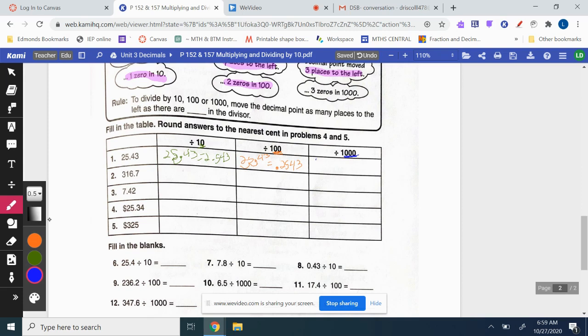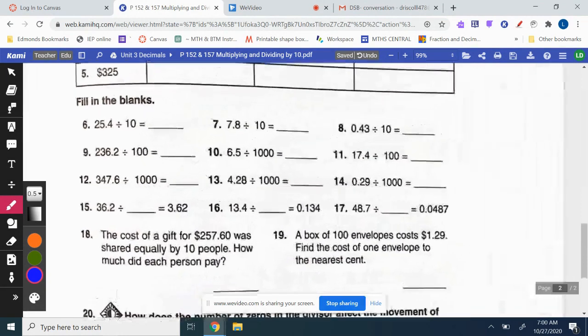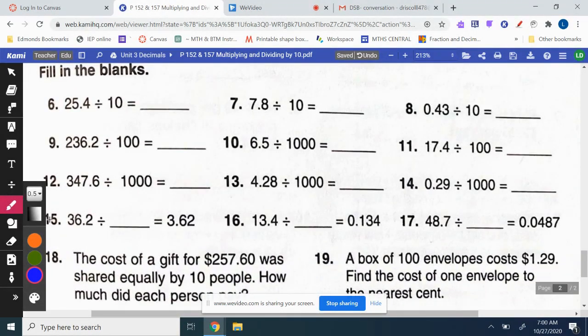So I have 25.43. And now I'm moving it 3 spaces. 1, 2, 3. I have an empty space, and in that empty space, I'm going to put a 0. So this becomes 0.02543. And again, this is what we're doing for numbers 1 through 19. So let's go ahead and try number 13. I'm making my number smaller by 3 spaces.